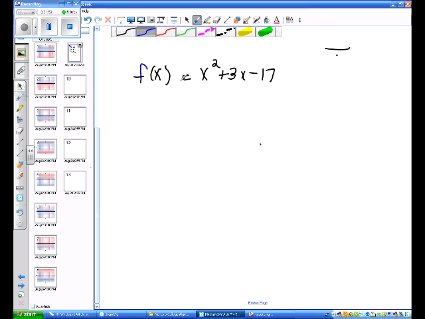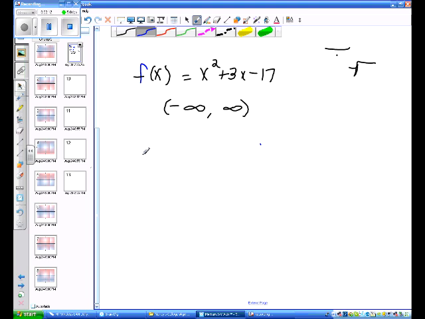Well, our denominator for all of these is 1. So no, that's not true. We don't have that occurrence. Or do we have a square root? Well, we do not have any square root here. So our domain would be from negative infinity to positive infinity. We're going to be able to consider all real numbers.